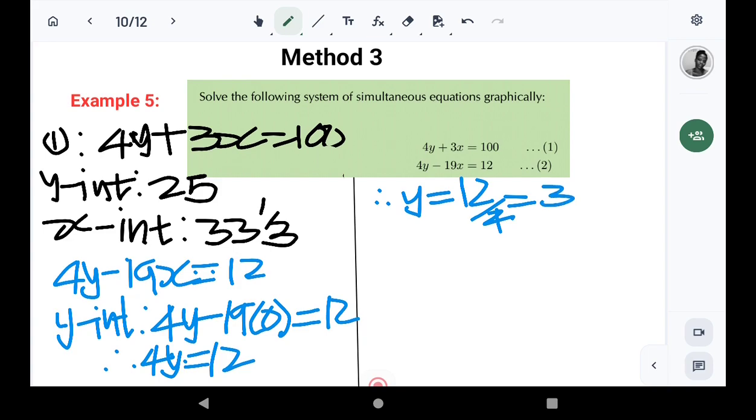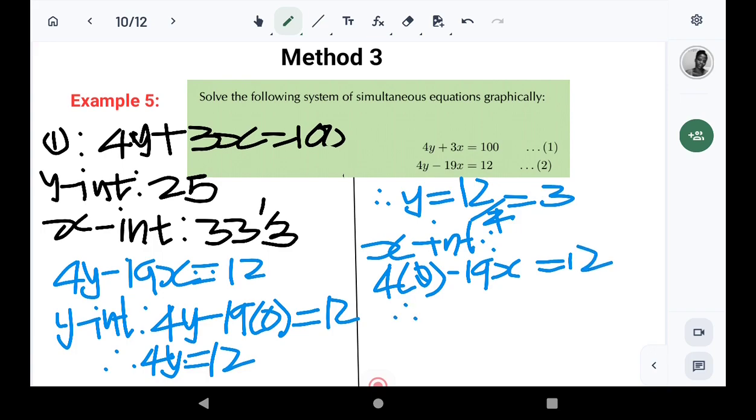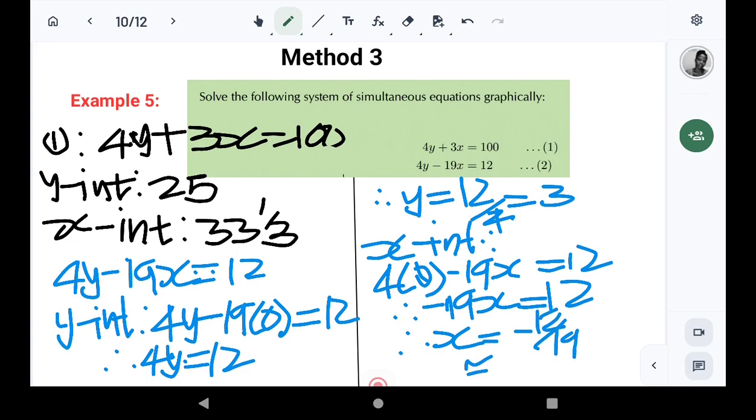Now the x-intercept, you make y 0. So you go 4 times 0 minus 19x equals 12. Therefore, minus 19x equals 12, meaning that x equals negative 12 over 19, which is approximately negative 0.6 if you use your calculator.